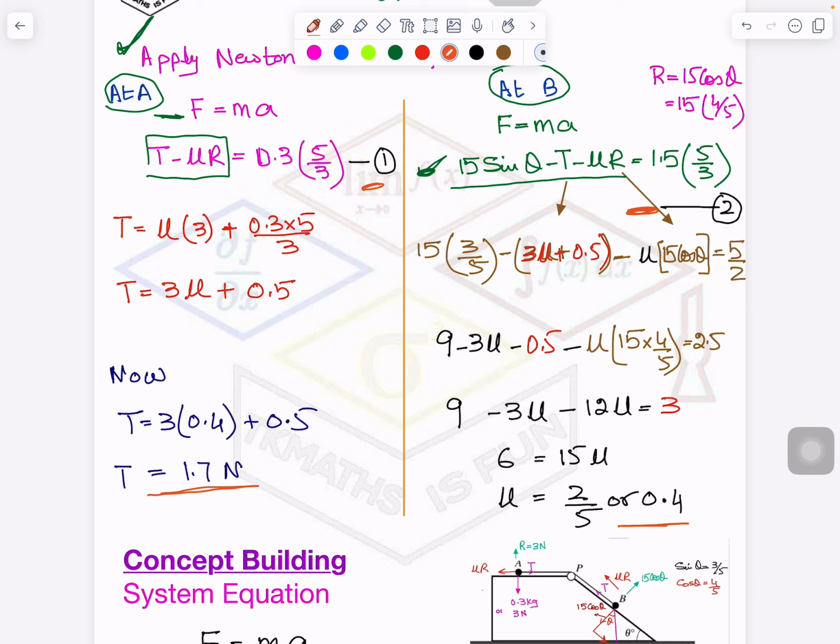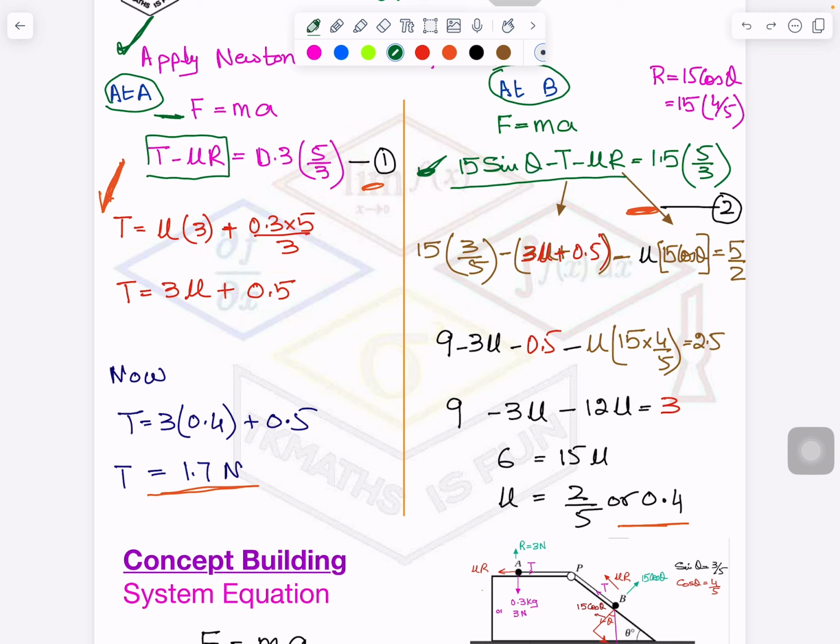Since I avoid working in fractions and recommend the same for others, from equation 1 I made T the subject. And this value of T I have plugged into the second equation in this place. You can see here, and then it is a simple equation. I solved it to get mu and then substituted this coefficient of friction back here to get T. Now the question is solved.